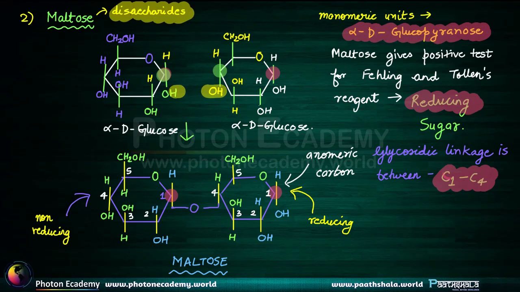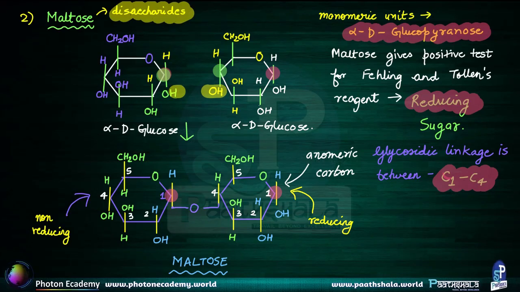So here we can see this is a very good example of a disaccharide which on hydrolysis yields two molecules of the same monosaccharide. In the previous case, that is sucrose, we saw that the disaccharide was yielding two molecules of different monosaccharides. Here they will yield two units of the same monosaccharide.